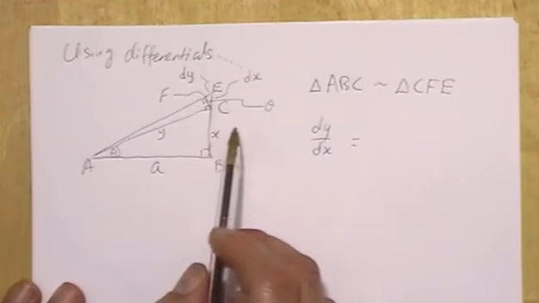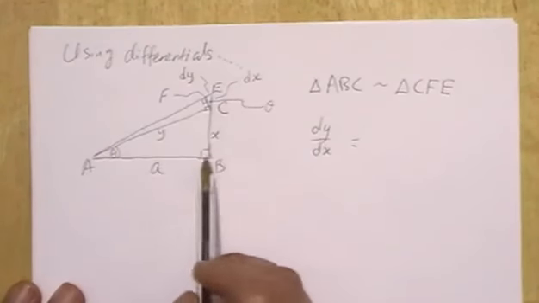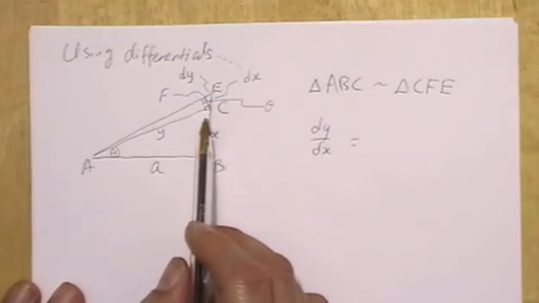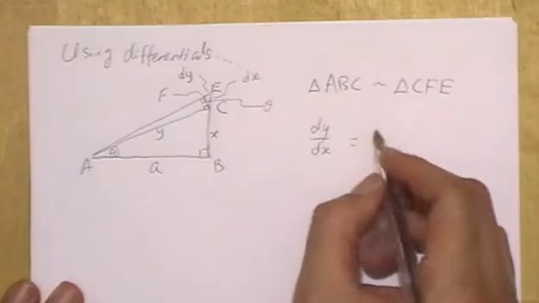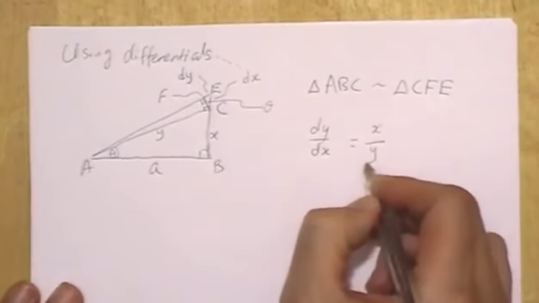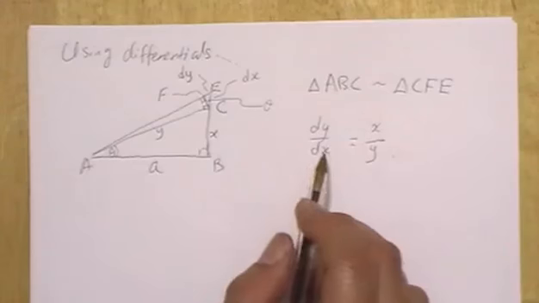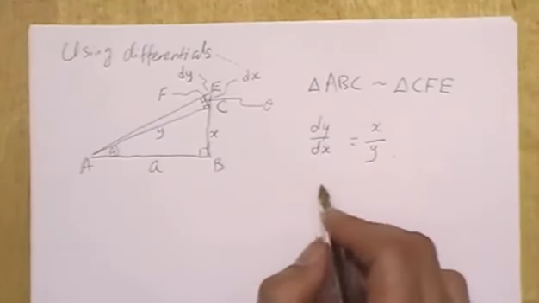So this would correspond to, for the bigger triangle, the shortest side over the longest side, x over y. So now we have an equation, a differential equation with the dy dx, and we can actually integrate this. Let's try that.